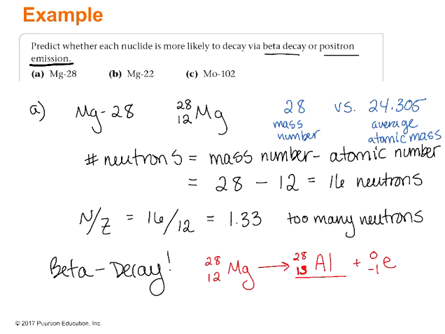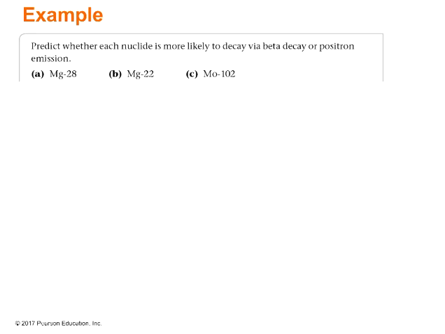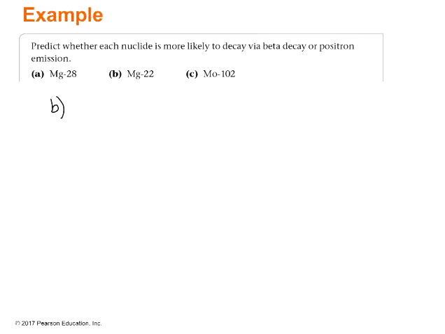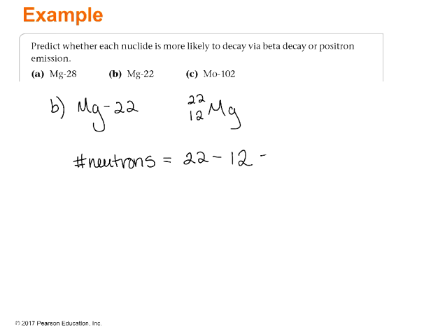All right, so let's go over the other two examples. Okay, so for magnesium 22, we already said that the atomic number of magnesium is 12, so we can rewrite the isotopic representation here. And let's determine how many neutrons this isotope has. So we're going to subtract 12 from 22.